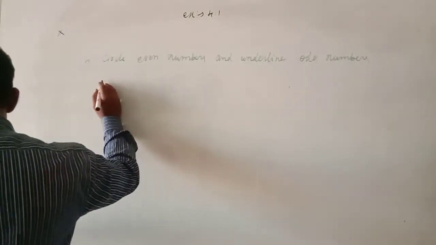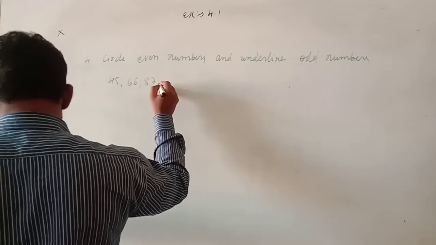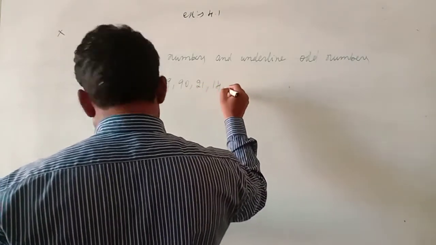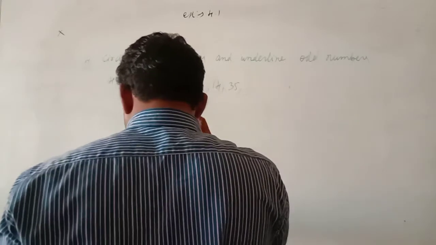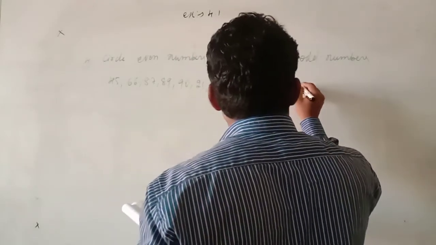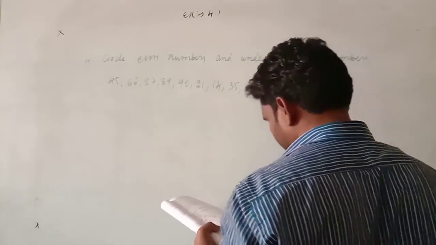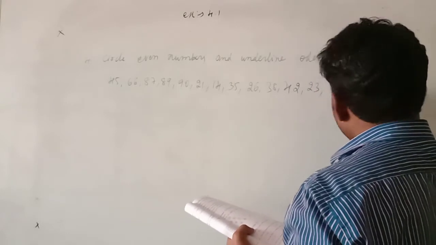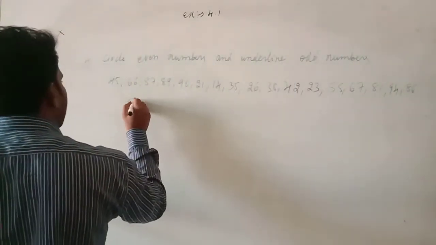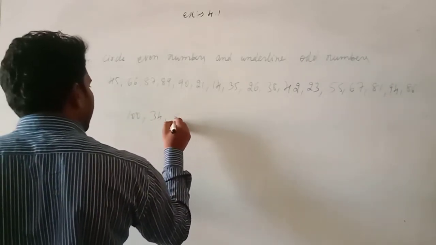The numbers given in the question are 45, 66, 87, 89, 90, 21, 14, 35, 26, 38, 42, 23, 55, 67, 81, 94, 86, 100, 34 and 57.